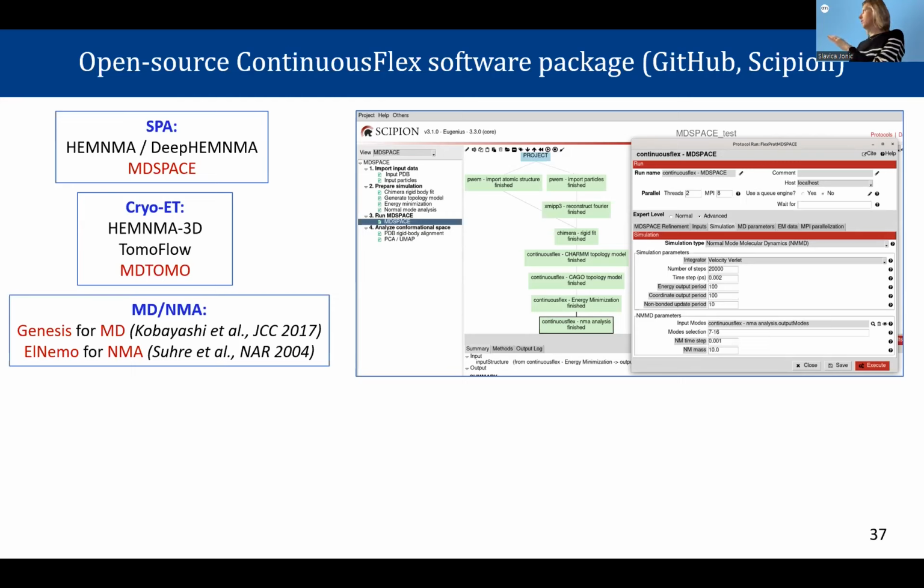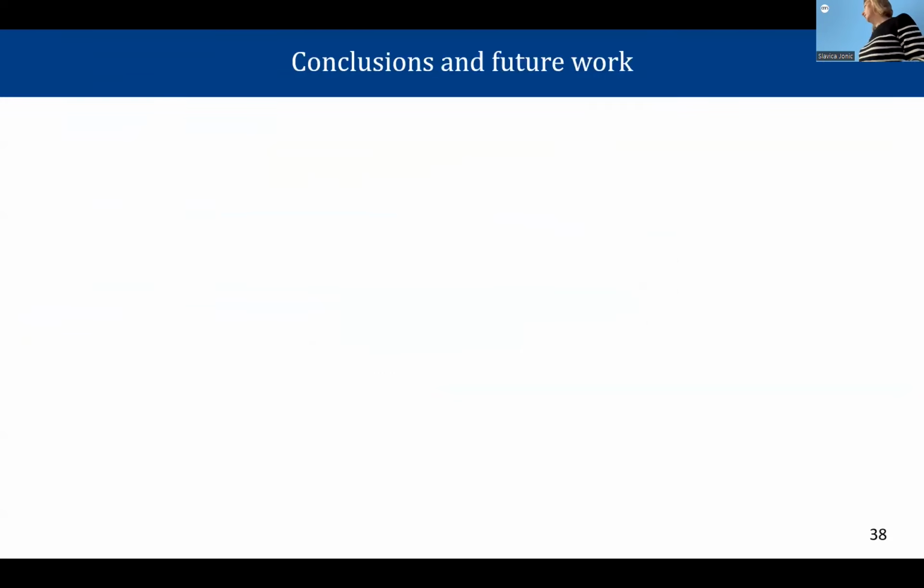So there is no simulation, only data analysis based on optical flows, and MD tomo. Our package also includes Genesis for MD simulation, and another package called NMA that calculates normal modes. It has a graphical interface, so it allows reproducibility of the research.